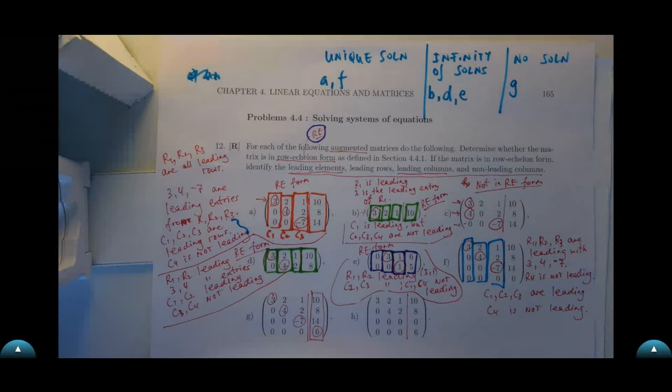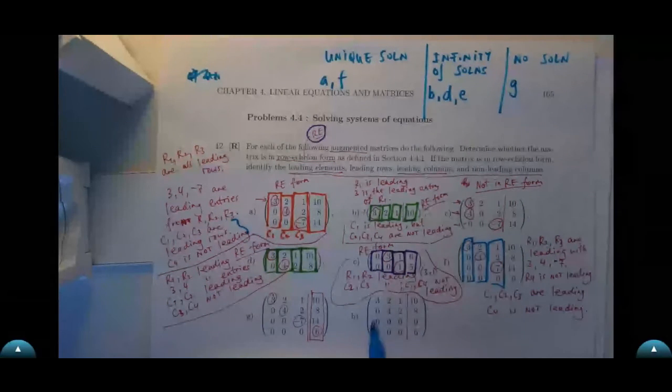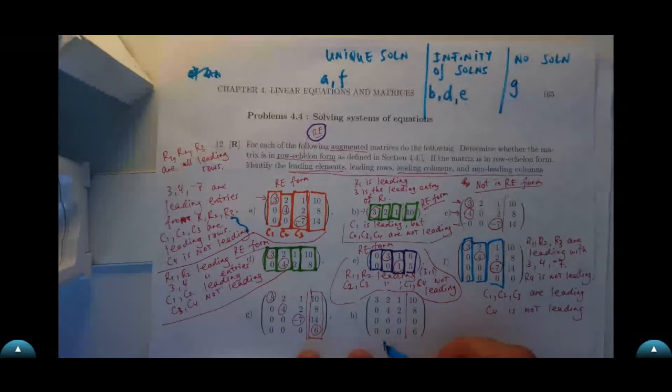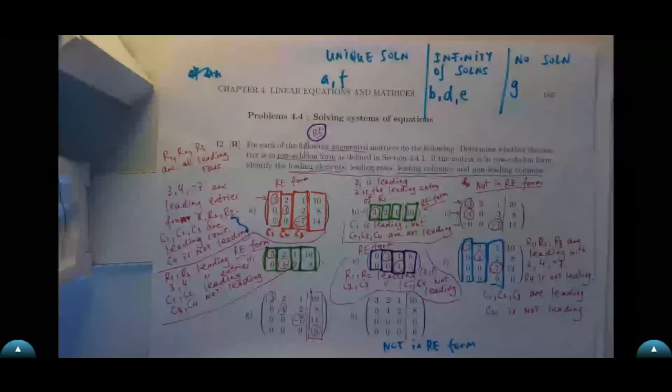And with this one, this is not in row echelon form, because the rows of zeros are not at the bottom. But you could just swap these over and then make a judgment.